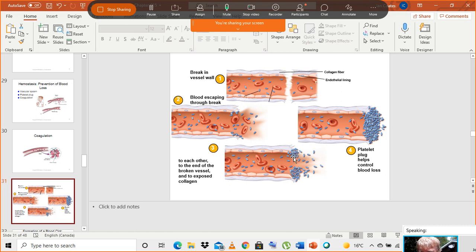Everyone is coming in here, and the platelet plugs, and now we have a scab of some kind, a healing process, so the blood isn't escaping. That's important. We don't want blood escaping, but we also don't want anything getting in.